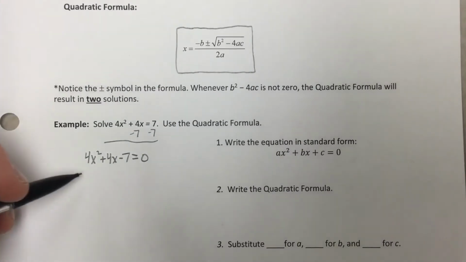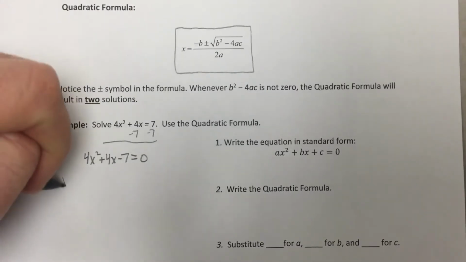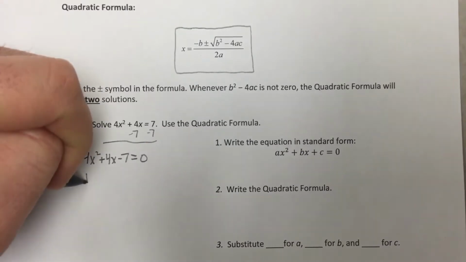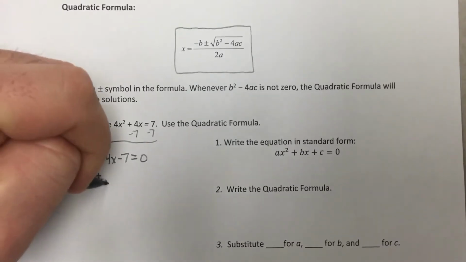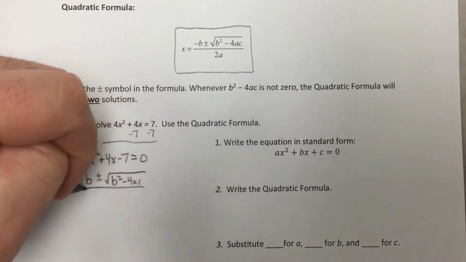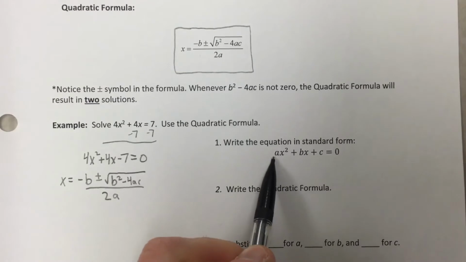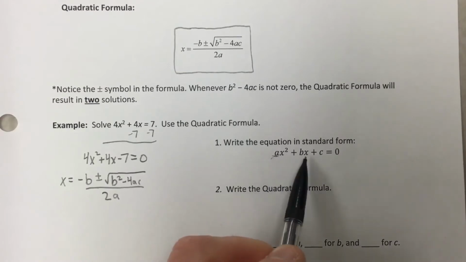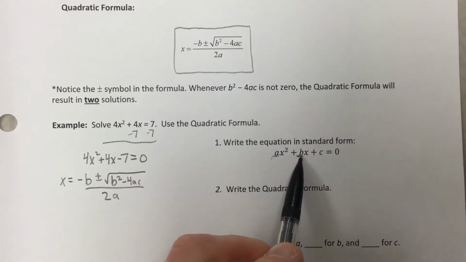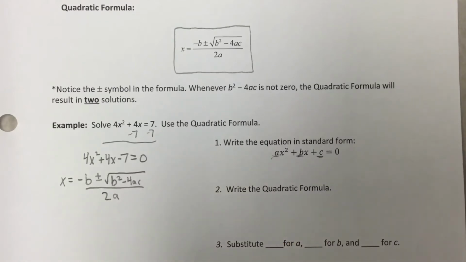And then once we do that, we see our quadratic formula. Our quadratic formula again is x equals negative b plus or minus the square root of b squared minus 4ac all over 2a. Now notice, the a is what is in front of the x squared, the b is what's in front of the x, and the c is the number by itself.